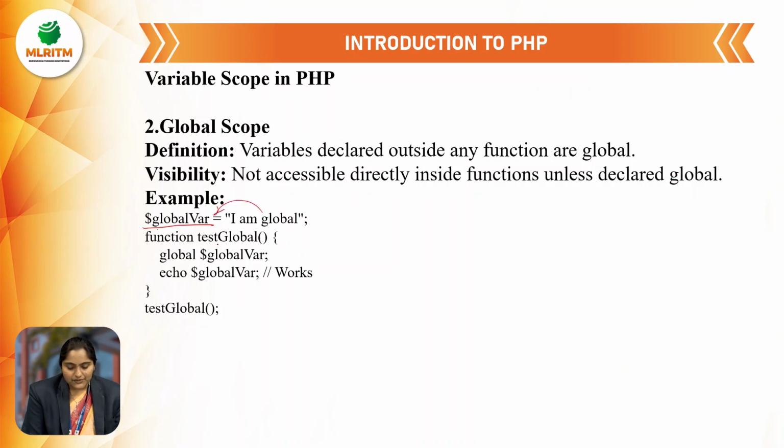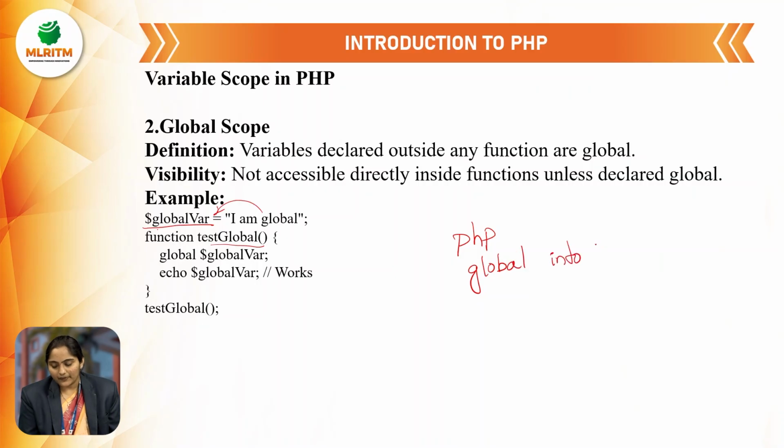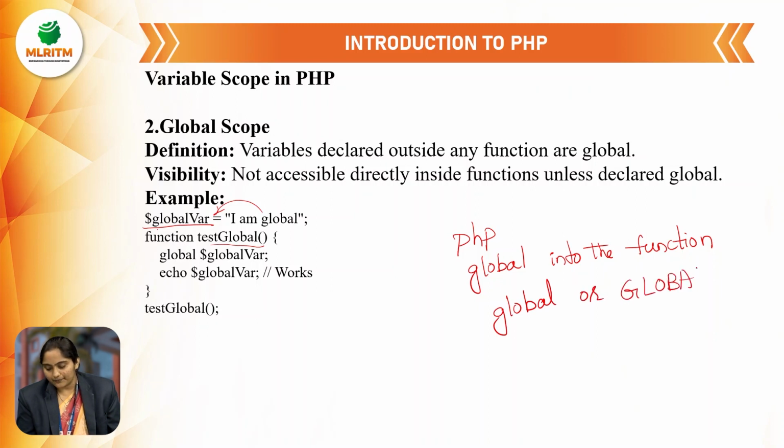And here is the function text global function, and in PHP, if you are trying to access global variables inside the function, we have to use the keyword global, or we have one more keyword, that is globals.